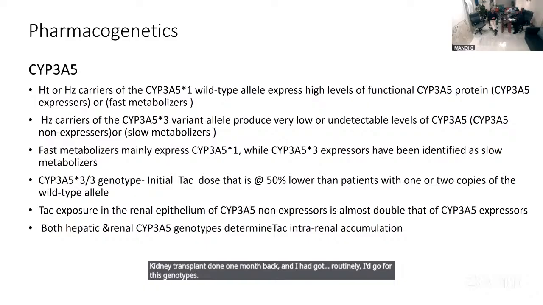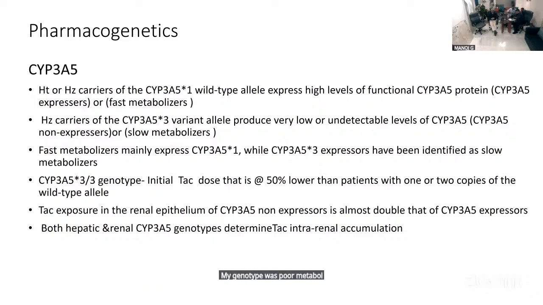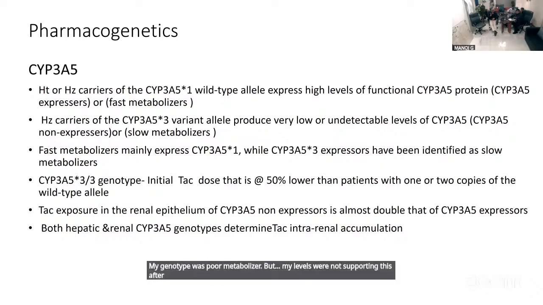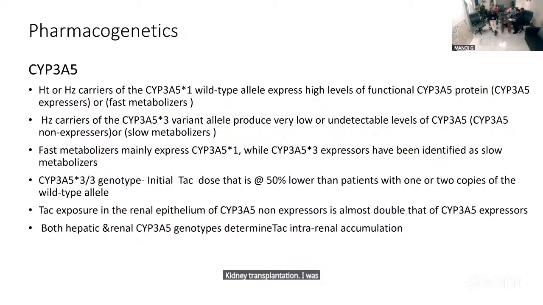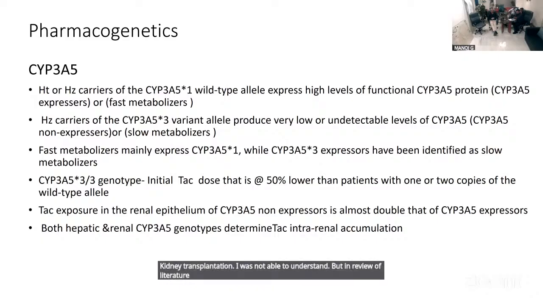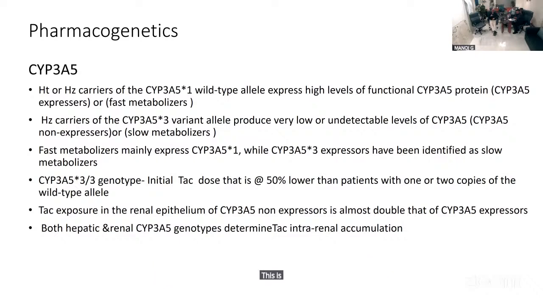My genotype was poor metabolizer, but my levels were not supporting this after the simultaneous liver and kidney transplantation. I was not able to understand, but in review of literature, preparing for this lecture, I got the answer. This is because the liver now was of donor type.